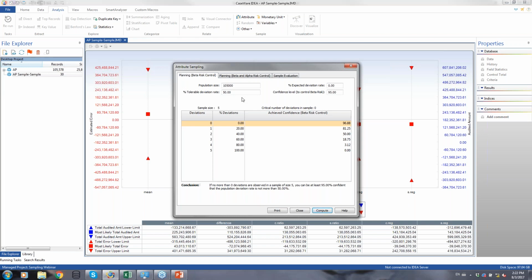If we wanted to do a realistic study, because control violations generally are not 50%, they could be more like 5%, then we can compute what the necessary sample size is. If we were to sample 59 items, then with no items being control violations, that would be a good sample for us.